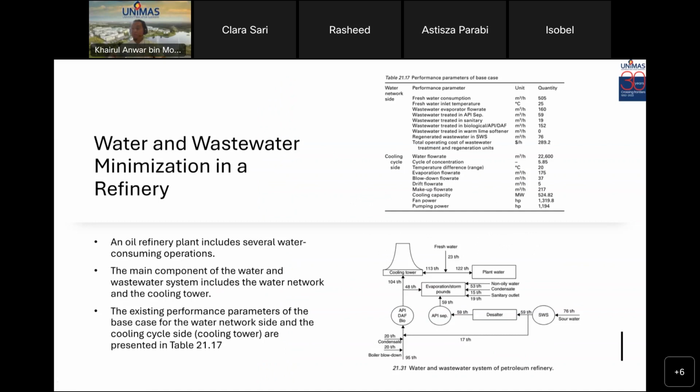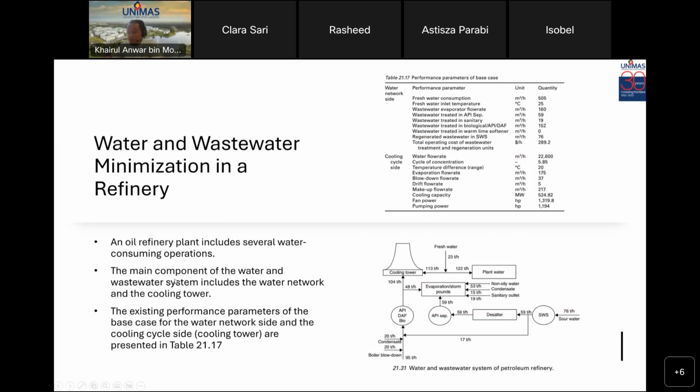Water and wastewater minimization in a refinery. You can refer to the Handbook of Process Integration, I think I show it in the ELIP, page 669. An oil refinery plant includes several water consuming operations.